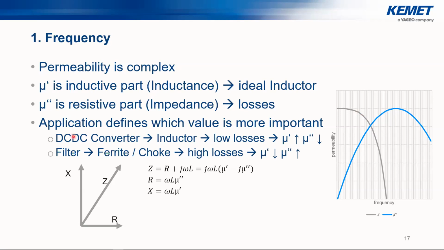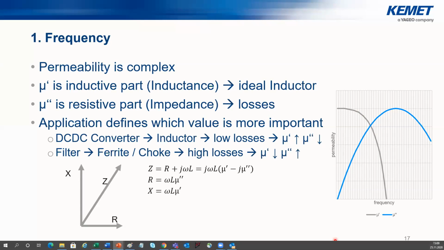For us, we are today looking at the DC-DC converter, not at a filter, not at a ferrite choke or whatever. So we don't want to have high losses, we want to have low losses. And low losses means I need a high mu prime, which is the gray curve, and a low mu double prime, which is the blue curve. And this means we have to avoid getting into a higher frequency.